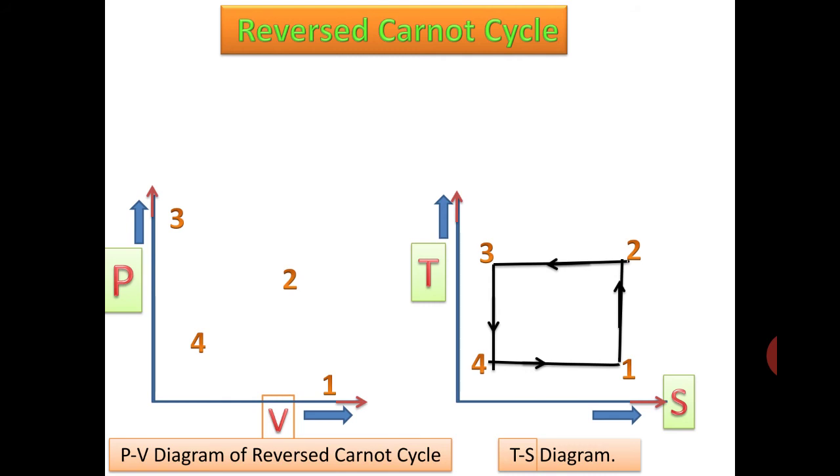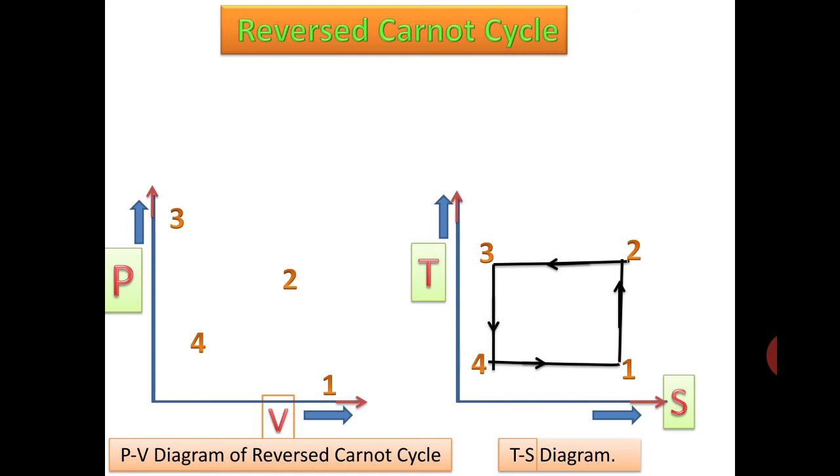And a set of processes in a particular sequence, such that the initial condition of the first process and the final condition of the last process are the same, is nothing but a cycle. So a cycle is a group of processes in sequence such that the initial condition of the first process and final condition of the last process is same.